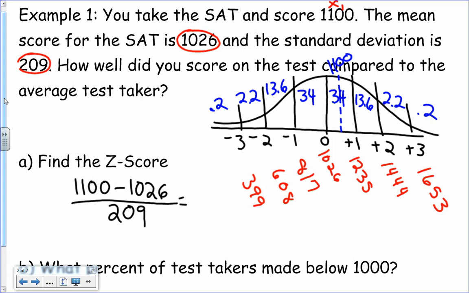It shouldn't be a negative. You got 1100 minus 1026 over 209. Convert it to a decimal. It's what? 0.35. Yes, 0.35.